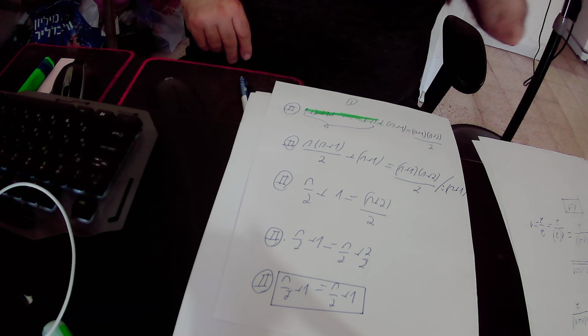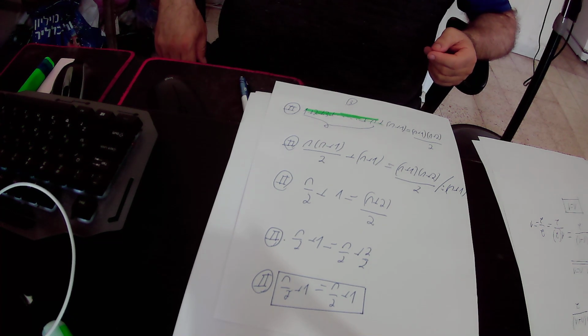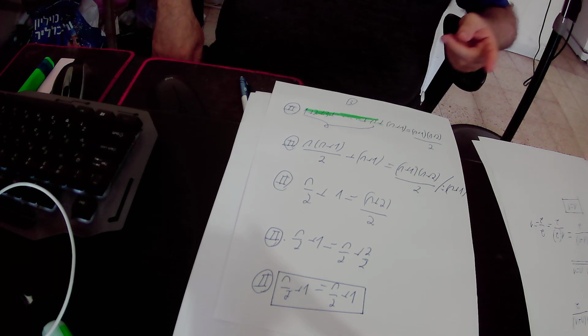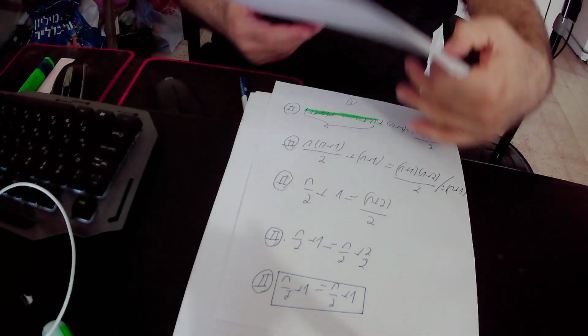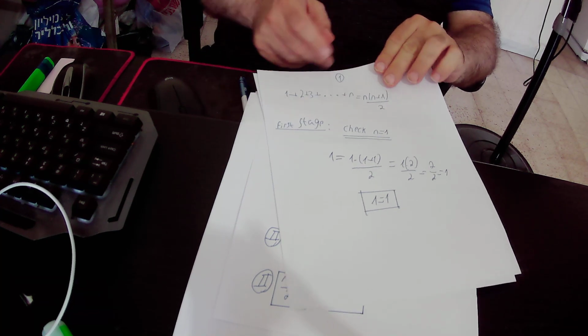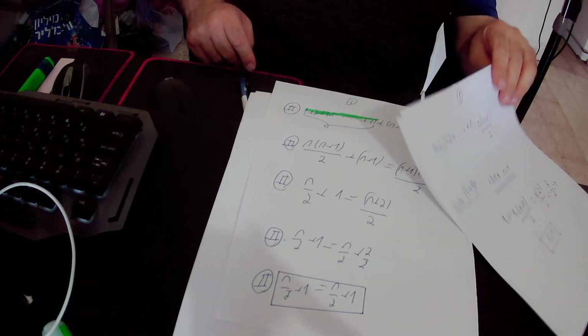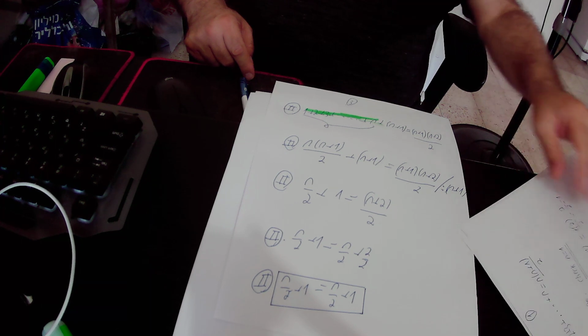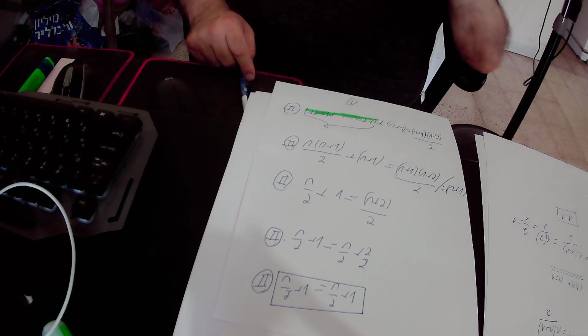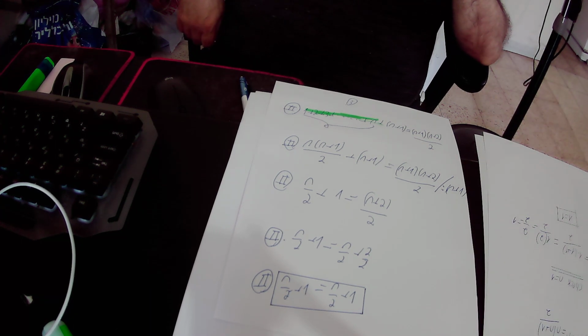Okay, so we can summarize that in the first stage we proved that this statement is true for n equals 1, and in the second stage we proved that if the statement is true for n, it also must be true for n plus 1.